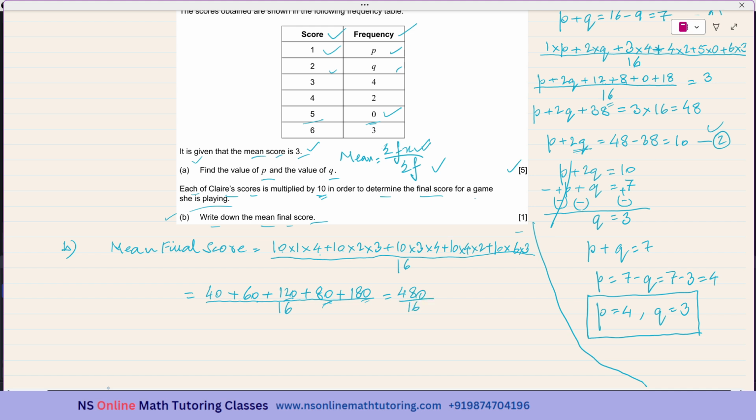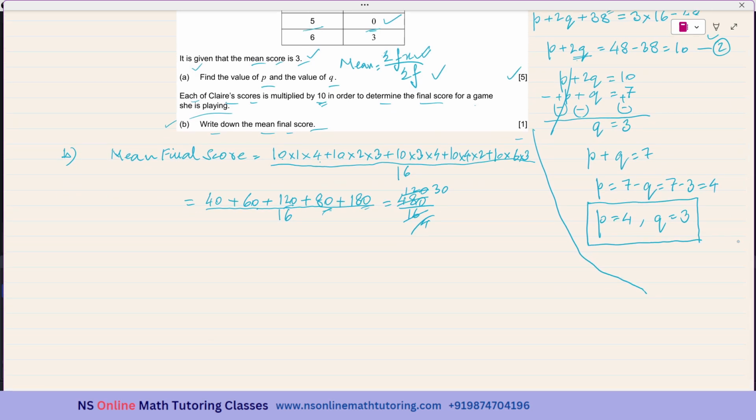If I divide both the numerator and the denominator by 4, I get 120 over 4, and again it is 30. Okay. So this way you have to get the mean final score. You don't have to show these steps because the question is carrying just a single mark. But if the question carried more marks, then you should have shown these steps.